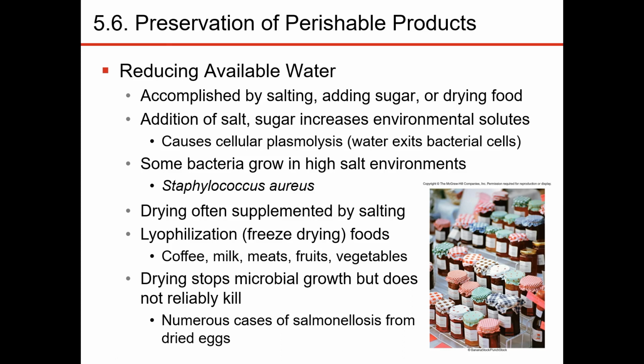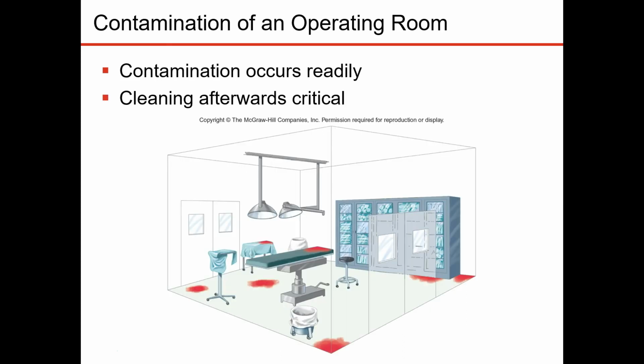Drying stops microbial growth but does not reliably kill it, so we have to keep that in mind also, that for instance, some people actually like to use freeze-dried eggs, and if the salmonella was already infected on the egg, because it's common to poultry, drying it out is not going to reliably get rid of all the salmonella, so sometimes some secondaries need to be taken care of in order to make the food safe.